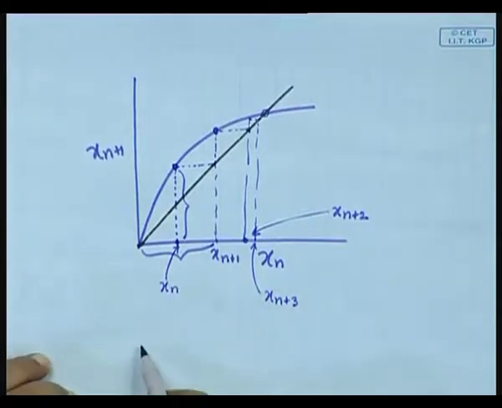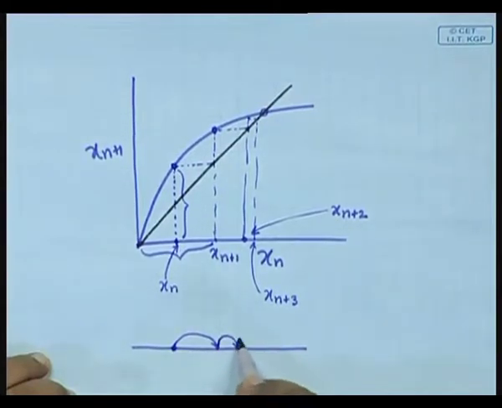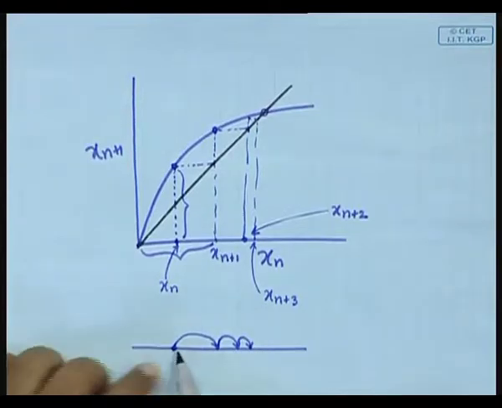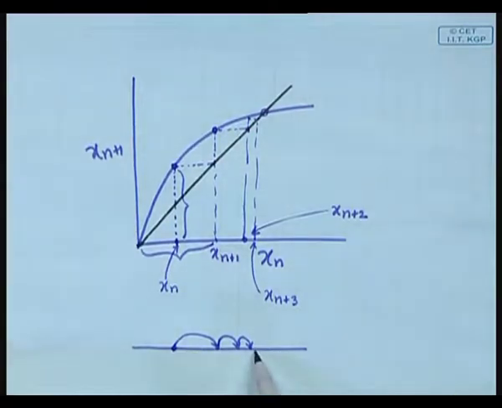So, what has happened? On the real line, we started with x n, it jumped to x n plus 1, it jumped to x n plus 2, it jumped to x n plus 3, and so on and so forth. Do you see that the distance is progressively going down and it is converging to something, right? Converging to what? The fixed point. Why? Why and under what condition would that happen? Let us try to consider that.